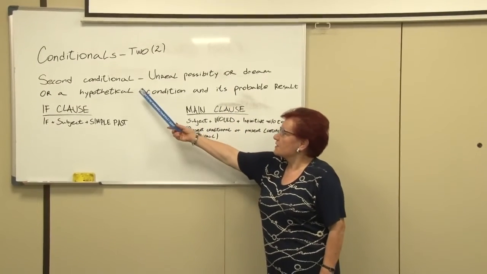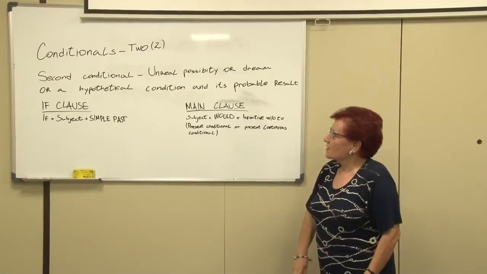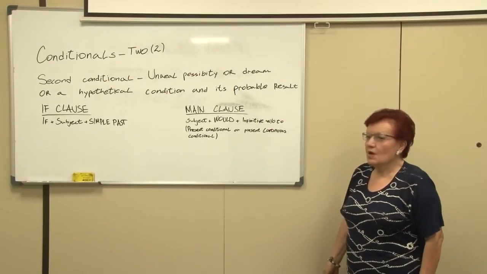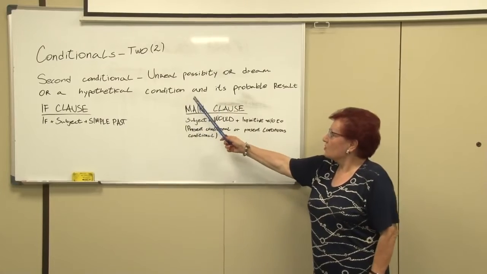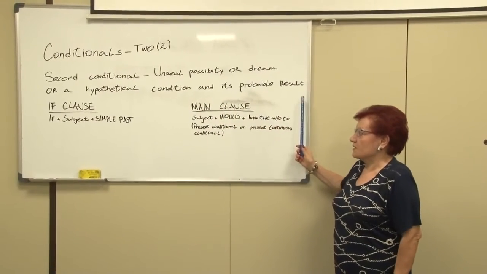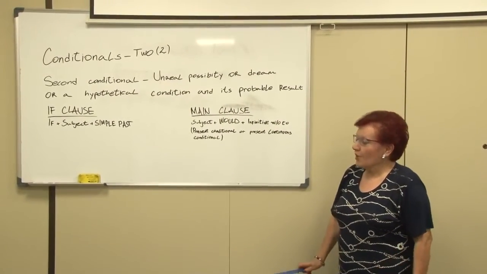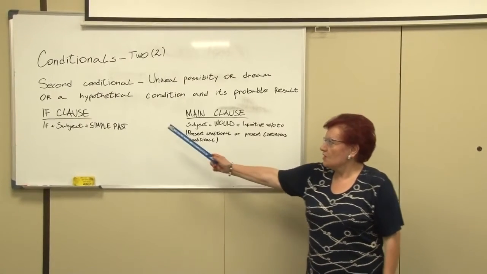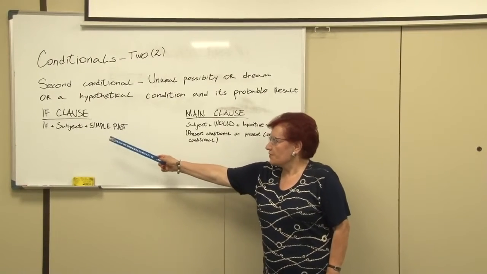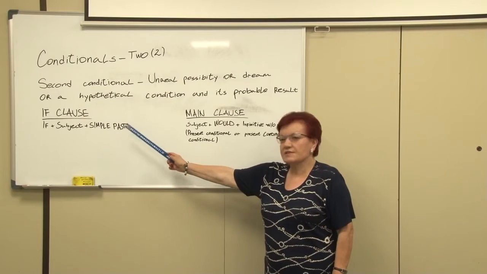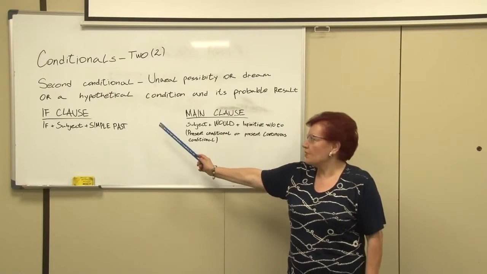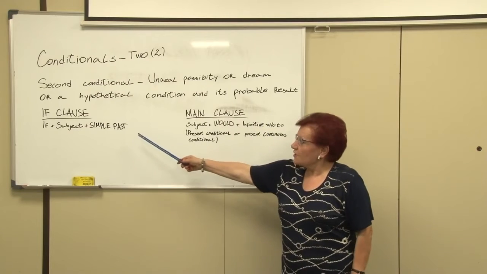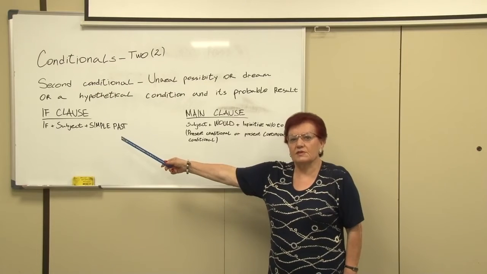So, as I told, the second conditional is characterized as an unreal possibility or dream, or a hypothetical condition and its probable result. We have two parts of the sentence when we talk about the conditional. In the if clause, which is constructed like if plus subject plus past simple tense, and usually the condition is in that part of the sentence.